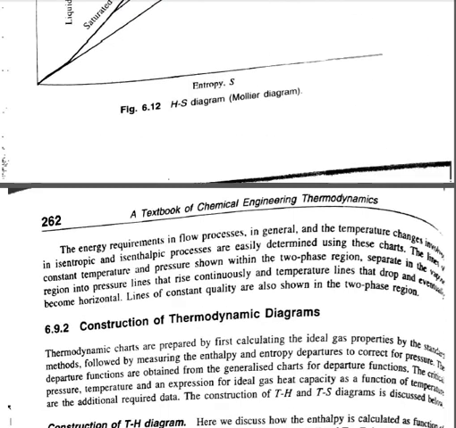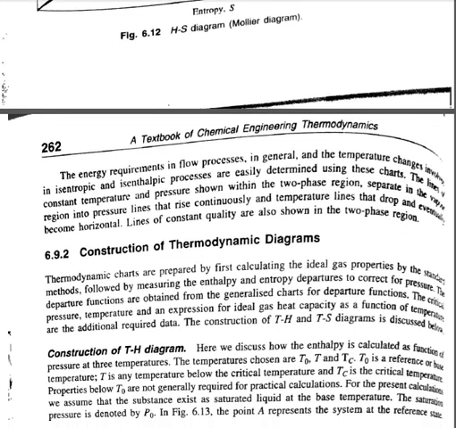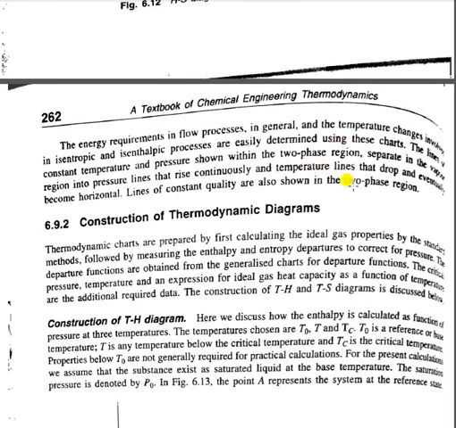Okay, this line is indicating liquid converting into vapor. So the vapor liquid region is converting here to vapor, constant vapor. Lines of constant quality are also shown in the two phase region. Lines of constant quality, temperature and pressure, it is known as the two phase region.